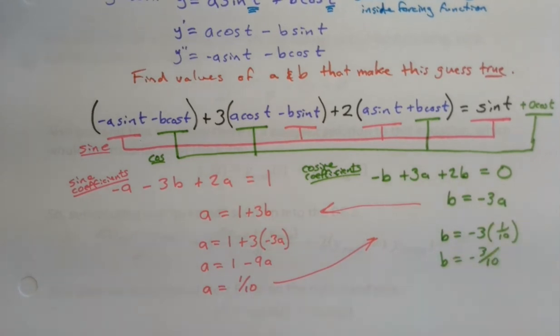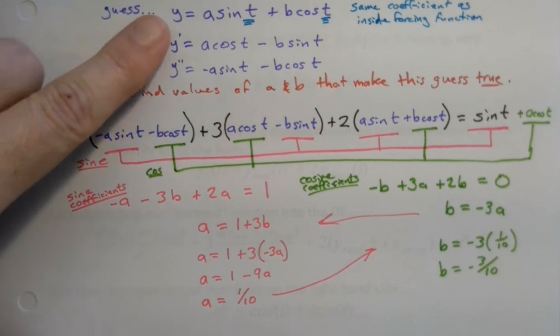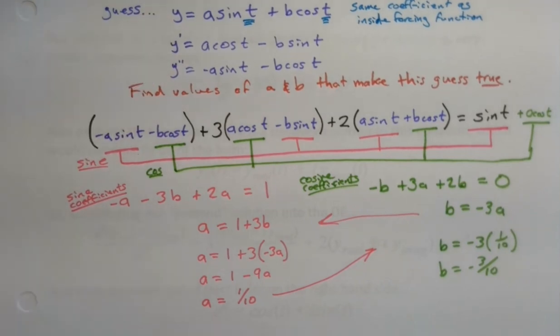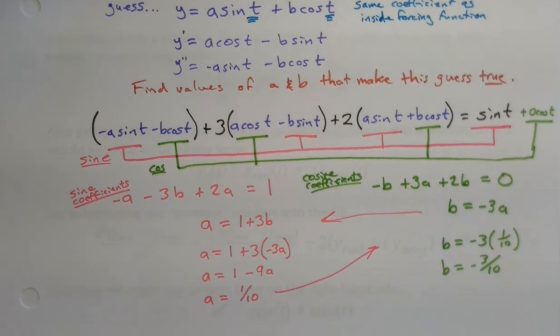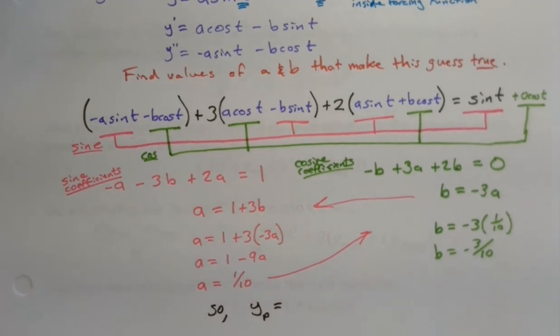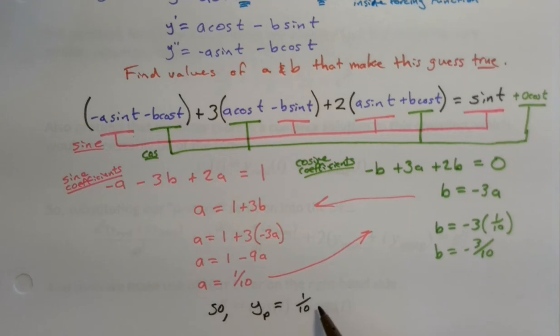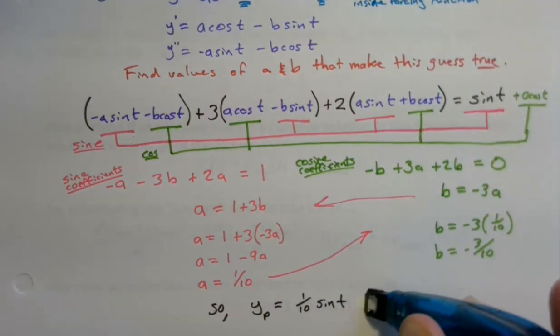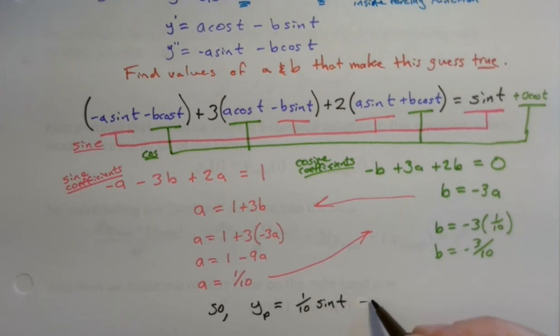So that means there's an a value and a b value that make this guess that I started with way at the top here true. And only one a value and only one b value. So after all is said and done, I can say my particular solution that 100% works is 1/10 times the sine of t, minus 3/10 times the cosine of t.